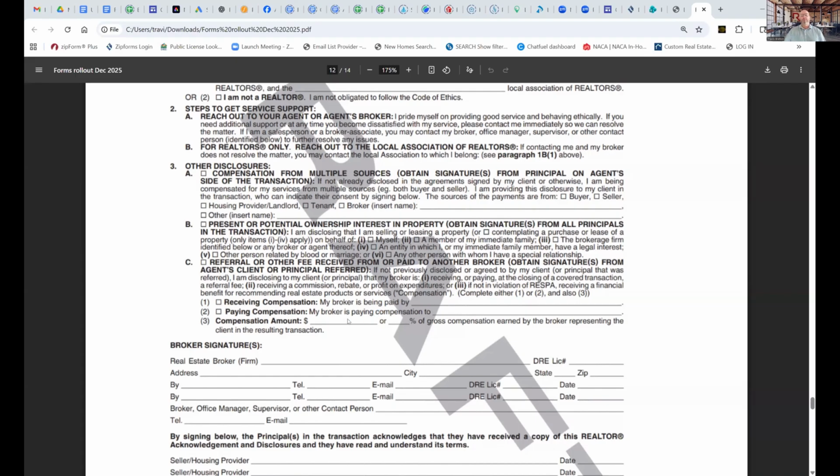And then you put in the amount or the percentage if you don't know what the amount is going to be yet, especially if you're adding this in to your BRBC or your RPA or anything like that. You may not know what the final price is going to be, but you can put in the percentage.